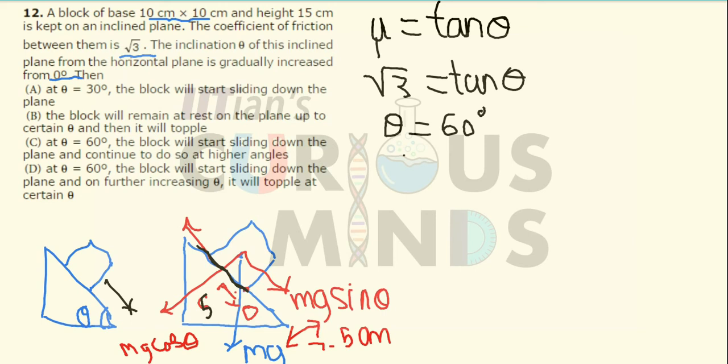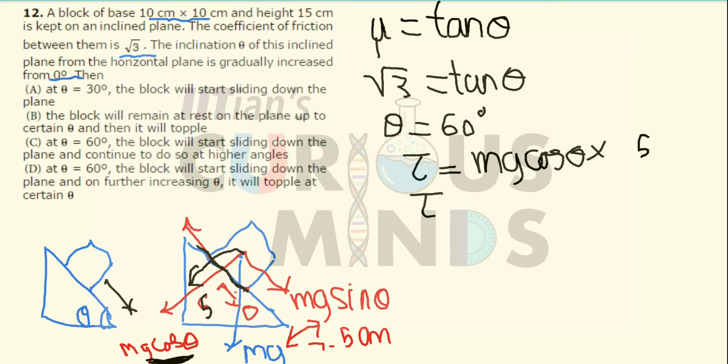Now let us see the torque due to mg cos theta. It will be equal to mg cos theta, the force, into the perpendicular distance, which is 5. It keeps the body stationary, that is, it applies a torque in the anti-clockwise direction.